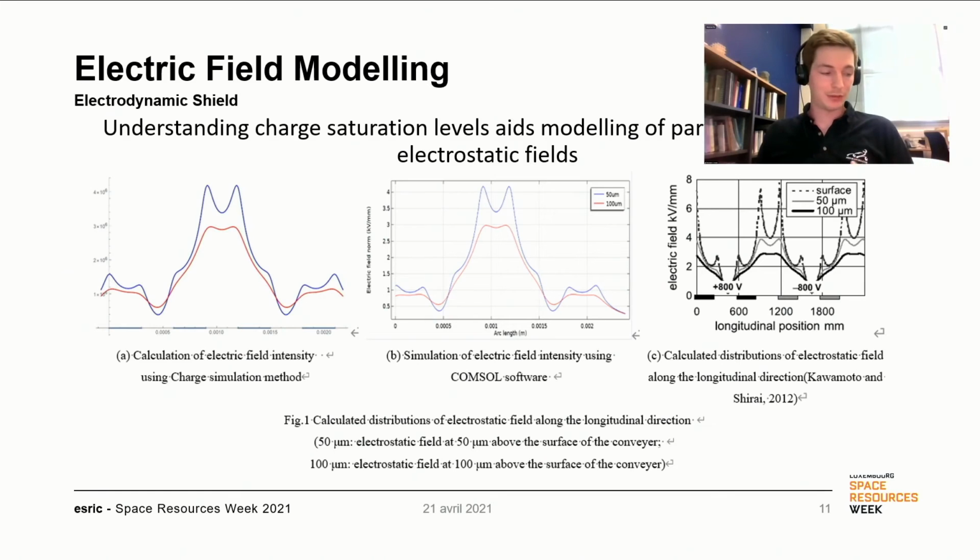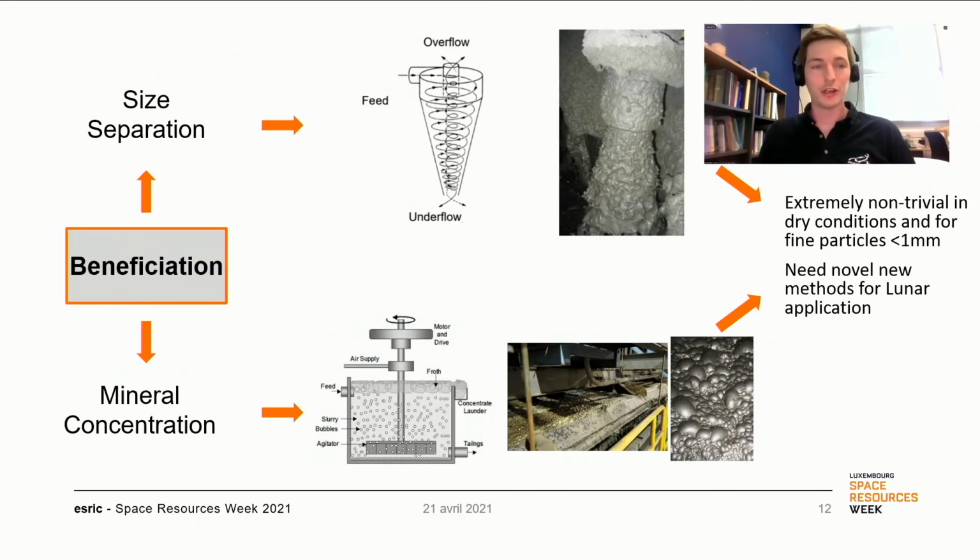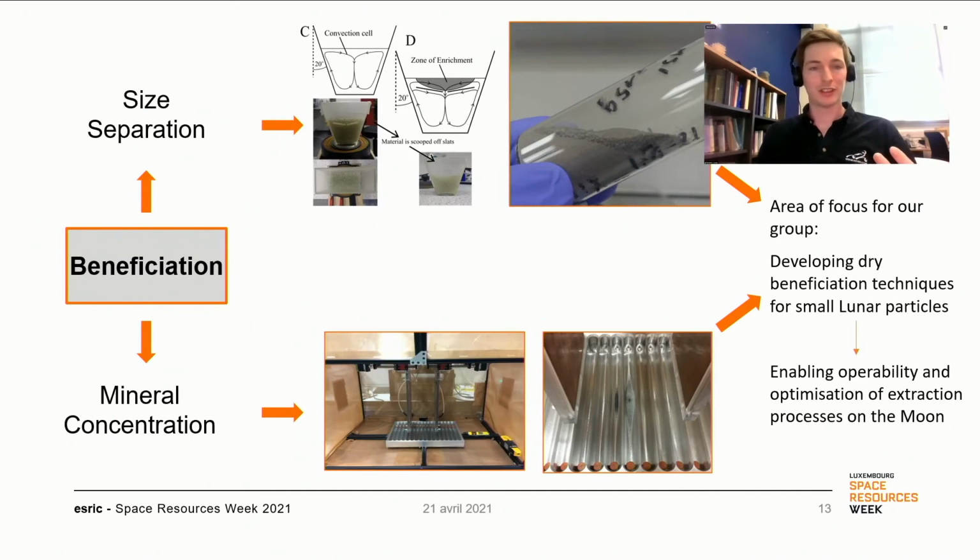But returning to the slide I showed you earlier, looking at beneficiation and the challenges that are faced in the lunar conditions, basically we can conclude that using water-based terrestrial mining standards is really non-trivial in the lunar case. And so that's what we've been focusing on, trying to look at novel, newer methods for beneficiation.